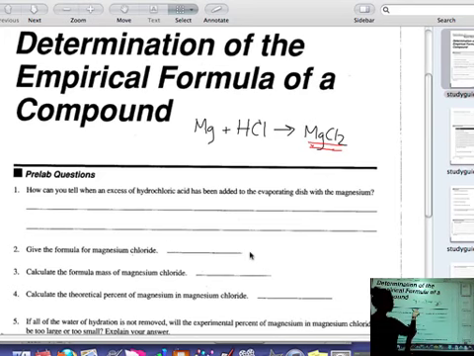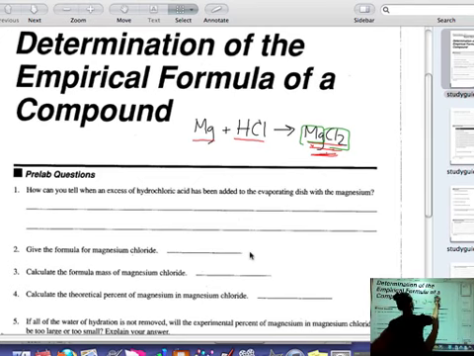So this is one of the objectives, is finding how much magnesium chloride will be produced when you put magnesium and hydrochloric acid together. Another objective is calculate the empirical formula of magnesium chloride. So the empirical formula is actually looking at how many magnesium and how many chlorines are in the least possible combination of magnesium and chlorine.